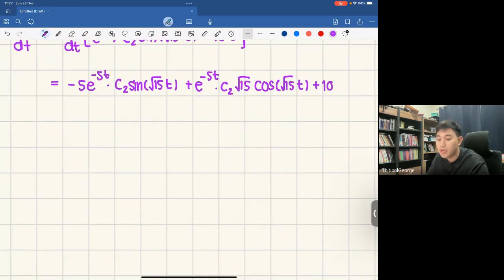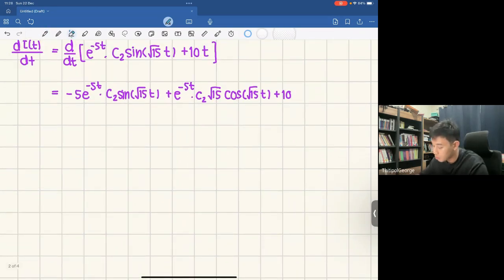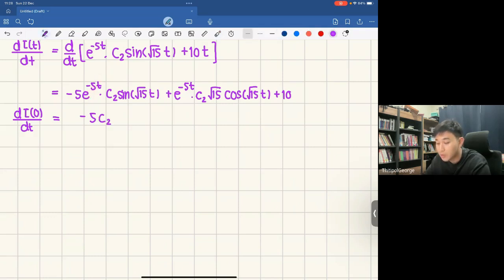From this one, we know that dI(0)/dt should be 0, so we can equate this to 0. So substitute t equals 0: we get negative 5, this one turns to 1, times c2, and then sine 0 is 0 anyway, plus c2 times square root of 15, and this one is cosine, so it's 1, and then don't forget to plus 10, equal to 0.